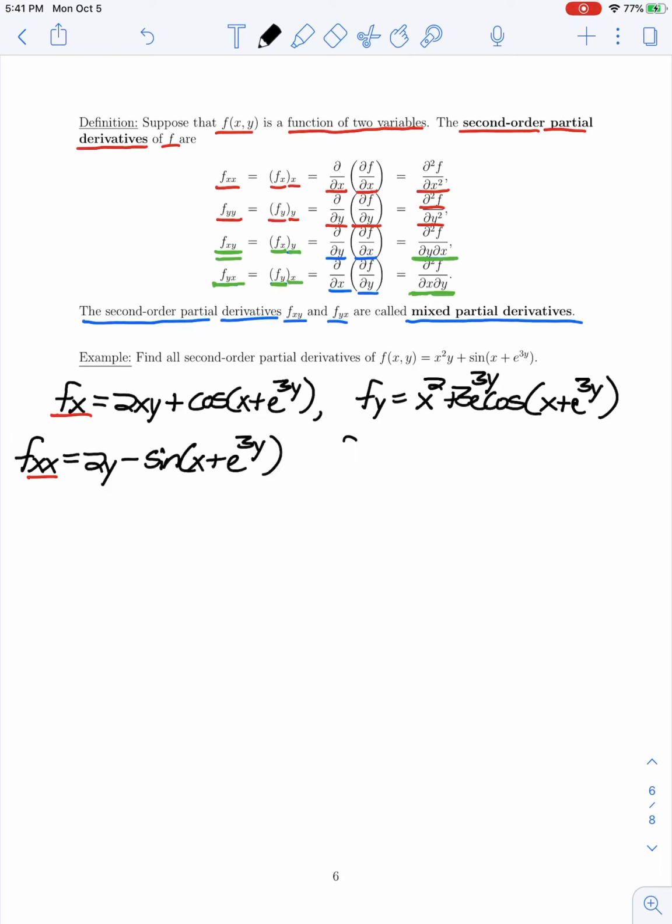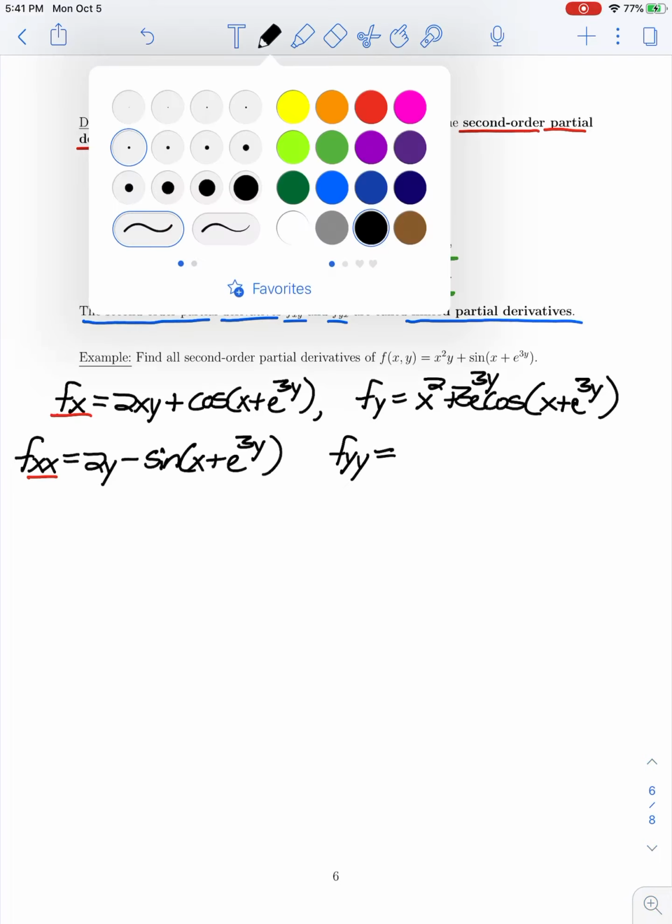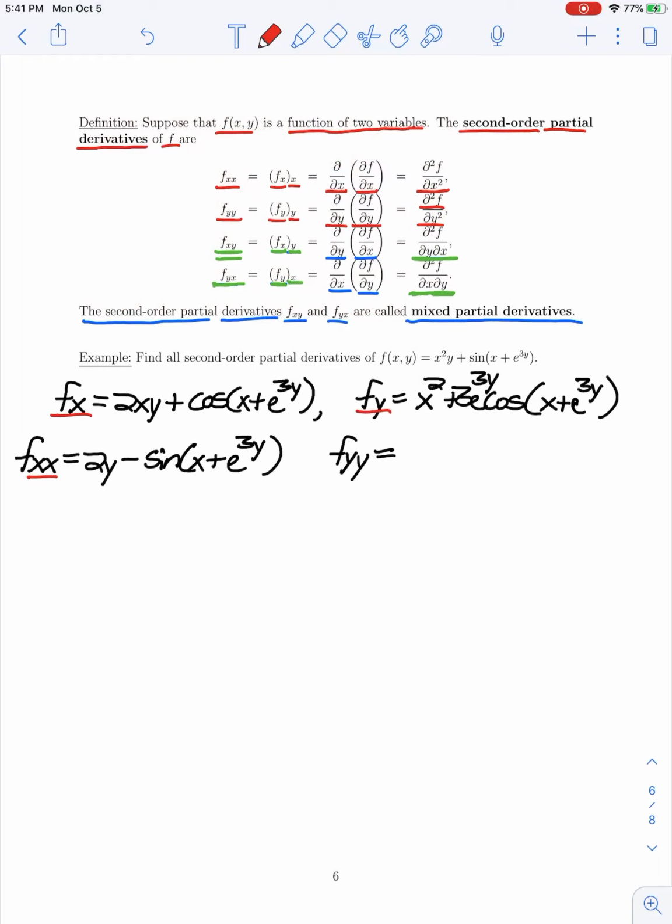And similarly, the second order partial f sub yy is found by taking the first derivative of f with respect to y and differentiating with respect to y again. So the x squared term would have a derivative of 0 with respect to y.